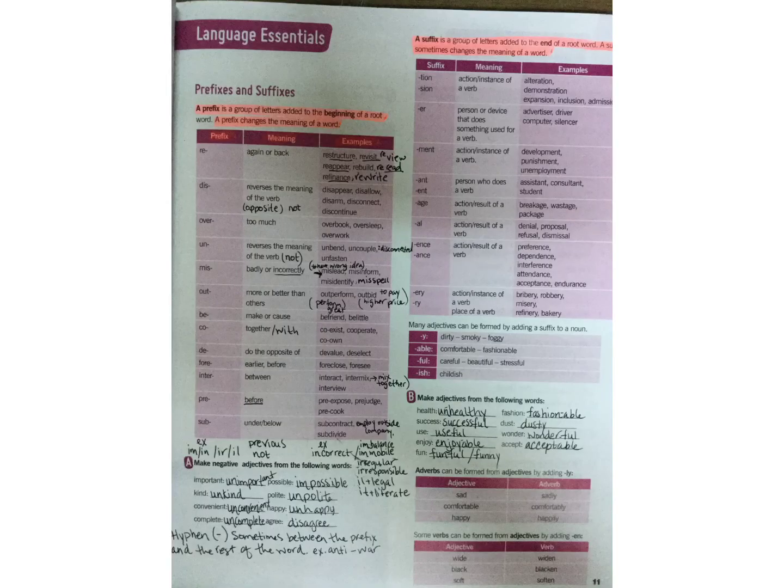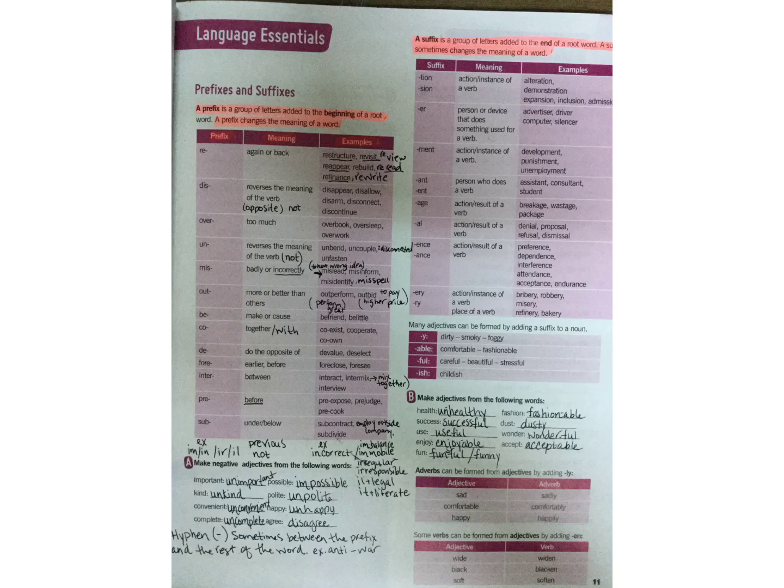Another suffix, A-N-T, E-N-T, meaning person who does a verb. If we have, for example, assist, consult, study, what do they change into? They change into assistant, a helper, consultant, student. We know the meanings of those.